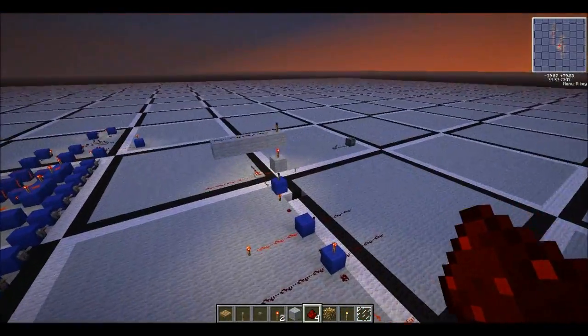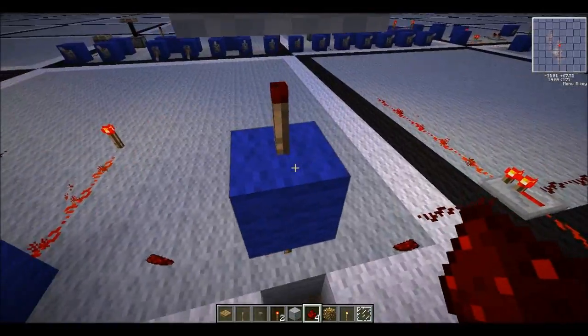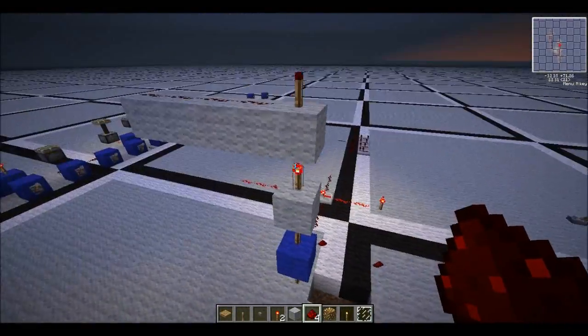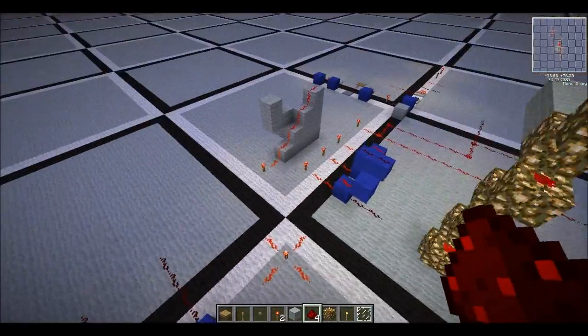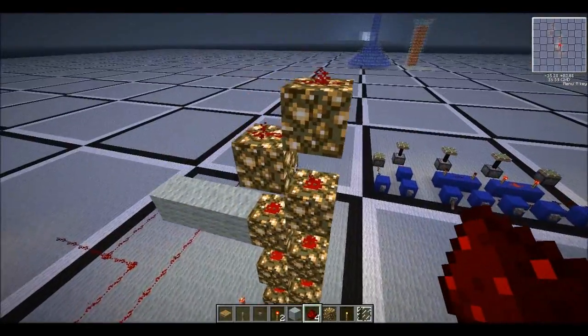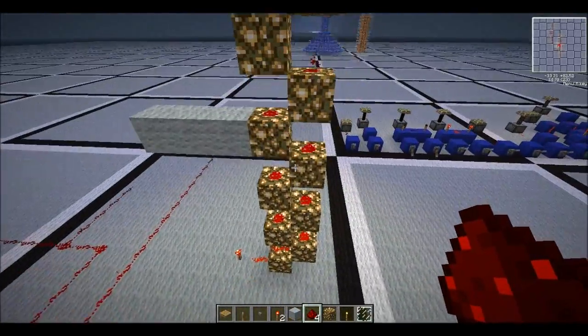The other downside to the torch method is there is a delay. Putting a torch in a system like this, turning torches on and off, adds about a 1-tick delay for each torch it has to pass through. This, however, the stair-step method and the glowstone glitch, is in fact instant.